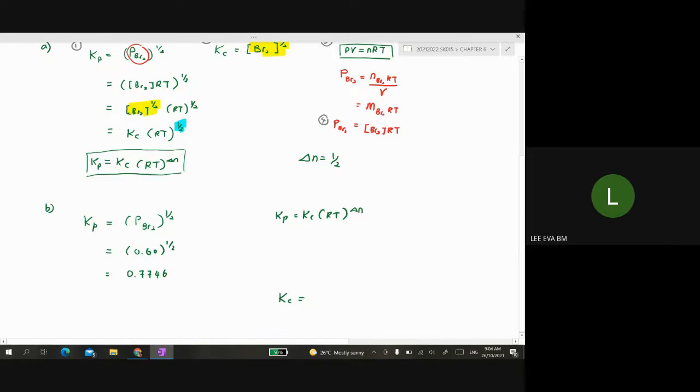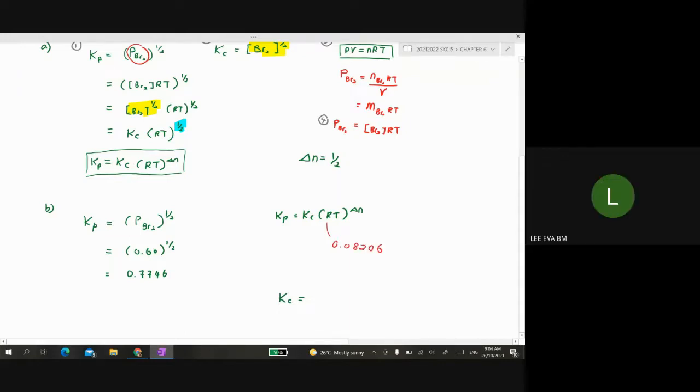So you're using your Kp value just now as 0.7746, and then you have your value of gas constant R. Siapa ingat lagi gas constant R value dia apa? 0.08206. Very good, well done.